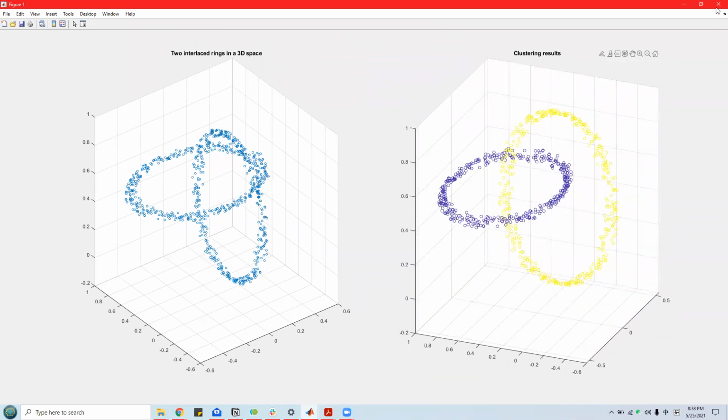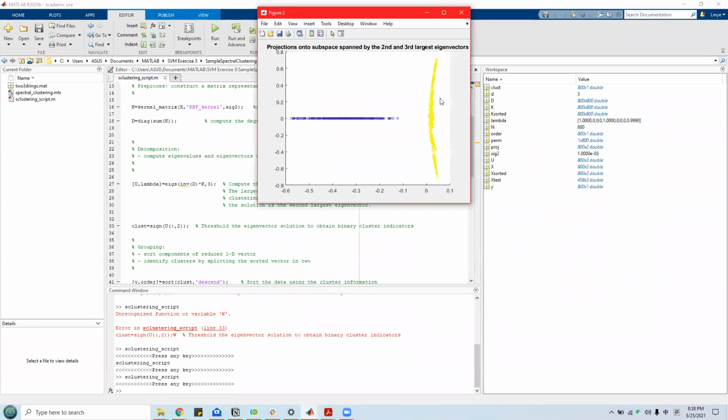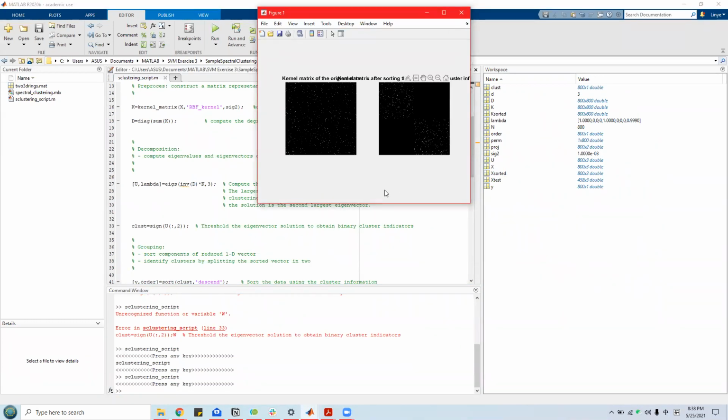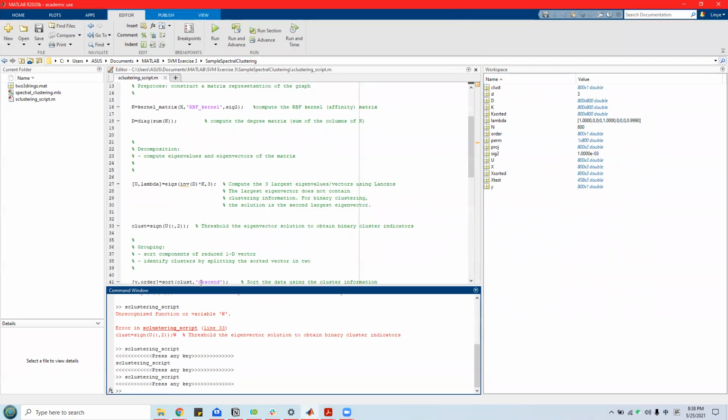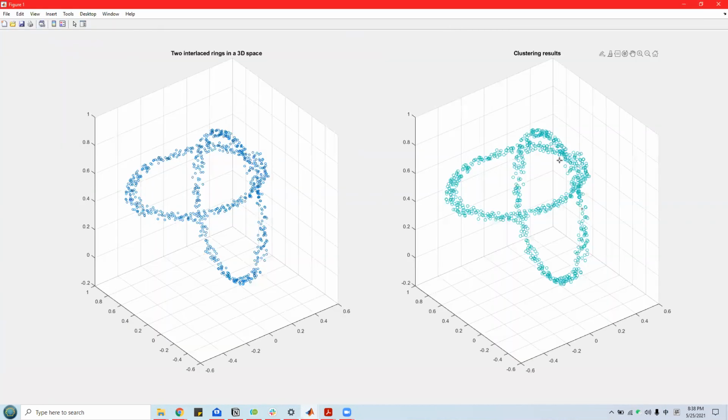Okay. Then I think both of these results are right. Yeah, let's keep running to make sure. So again, you get something like this now.